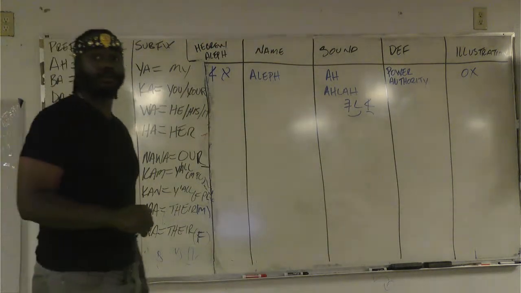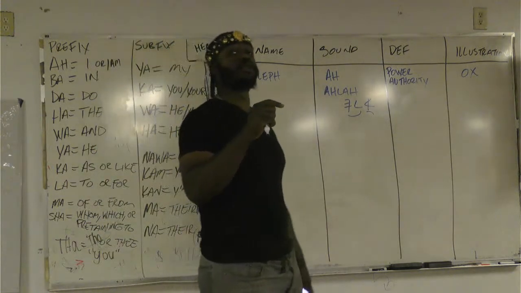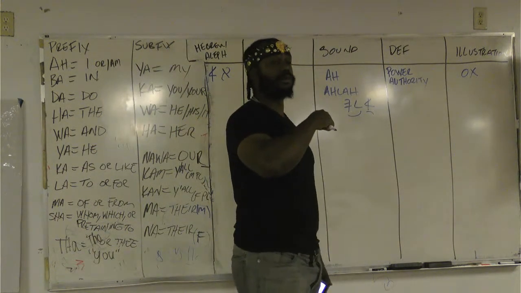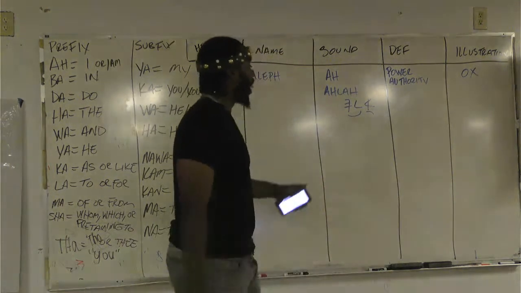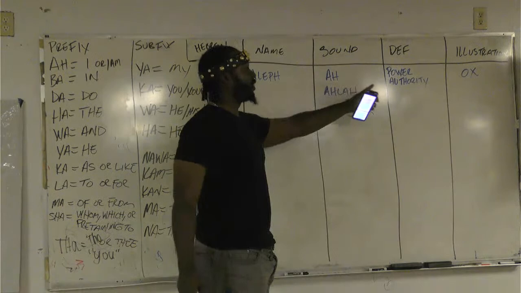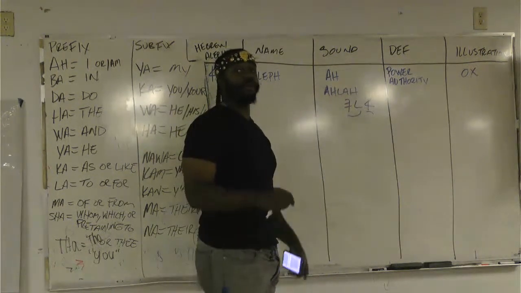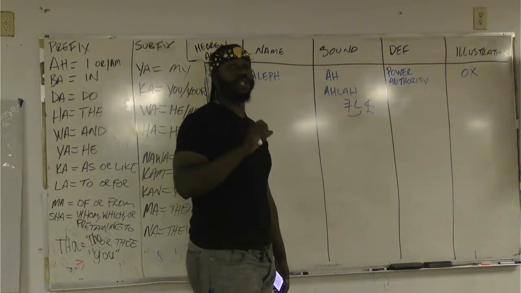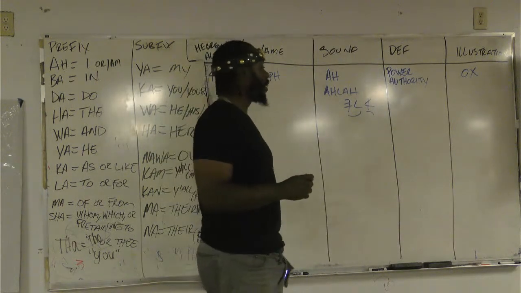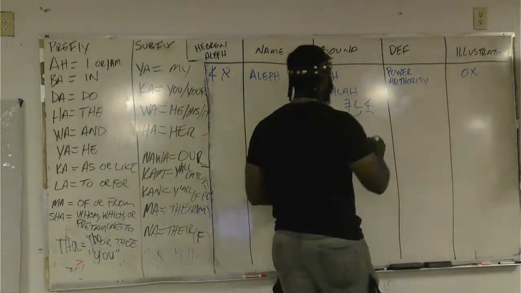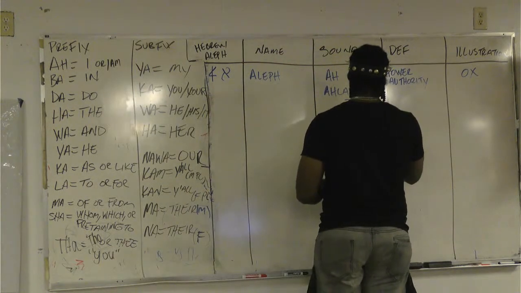It's written right, yeah. So Hebrew is written from right to left, right? So we read from right to left in Hebrew. But I'm just writing the definitions just so you can understand. But when you write a Hebrew sentence, it's from right to left. We read from right to left. All right. So Allah, this word right here, the first letter means power.